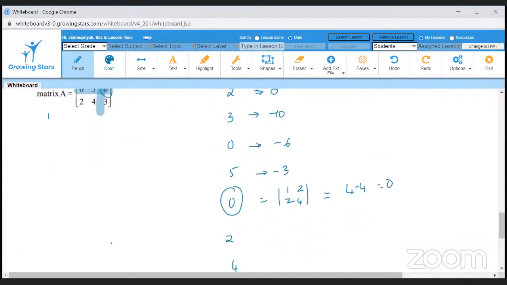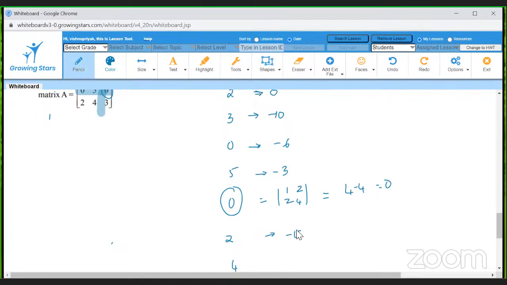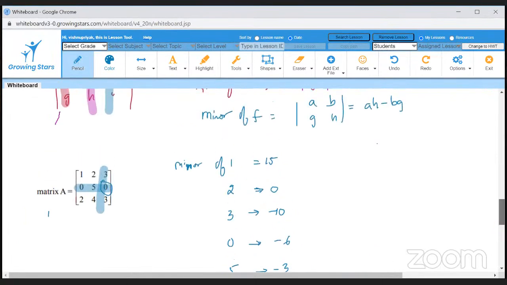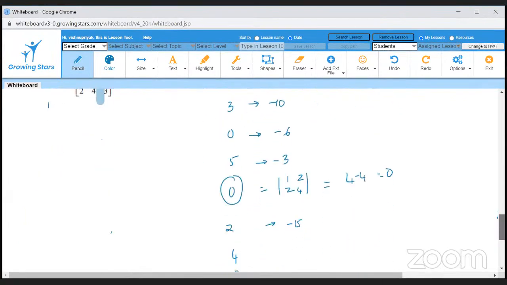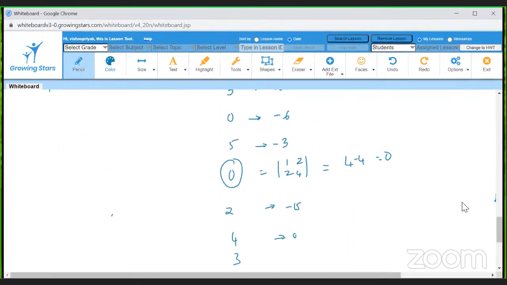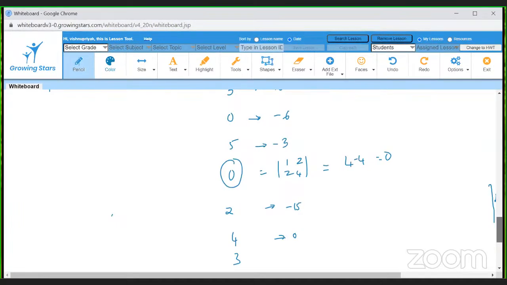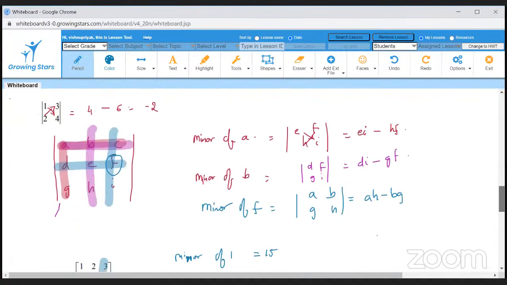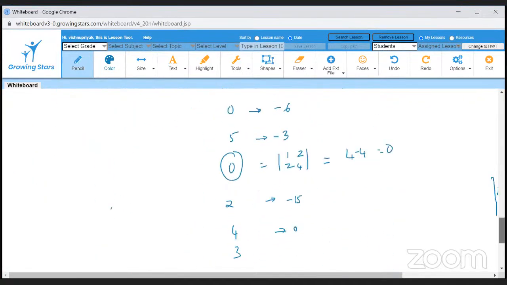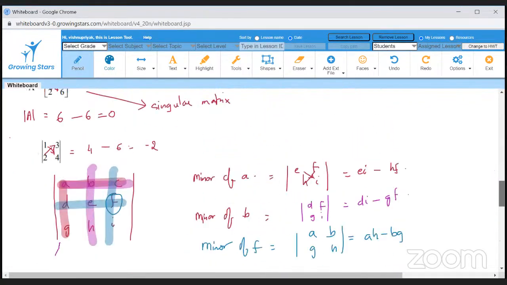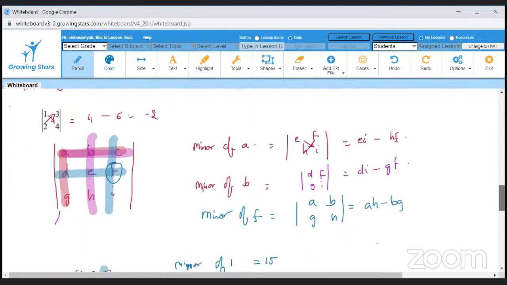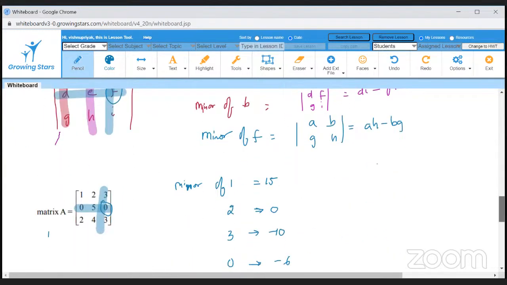Minor for 2 is -15. Minor of 4 is 0. The next, minor of 3, 5.